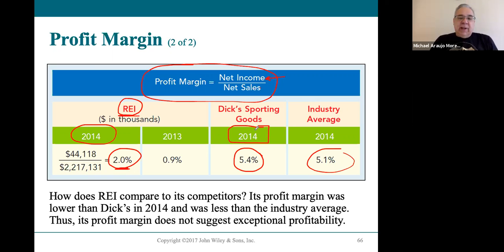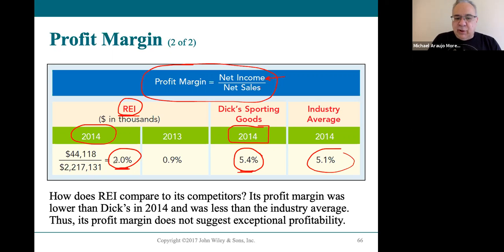Which is different, because we learned earlier in the gross profit that Dick's had a much lower gross profit margin. In other words, they were paying a lot for their inventory. Their cost of goods sold was very high compared to REI. But clearly they have a strong grip on all their other expenses in order to squeeze out a nickel from that.